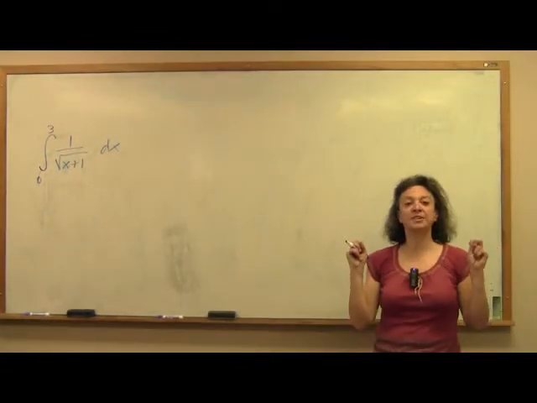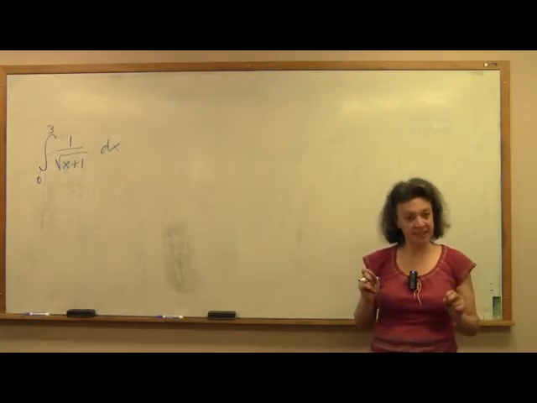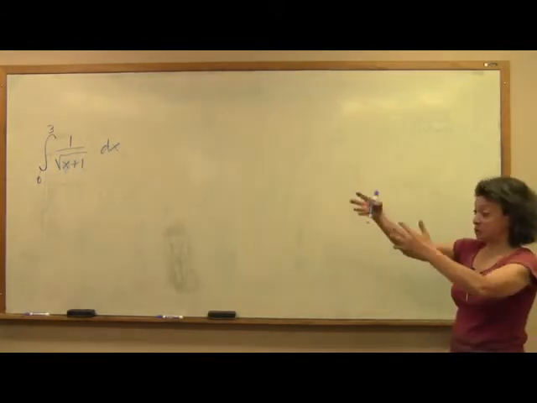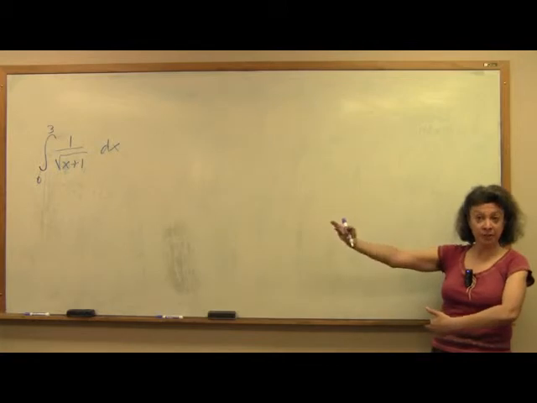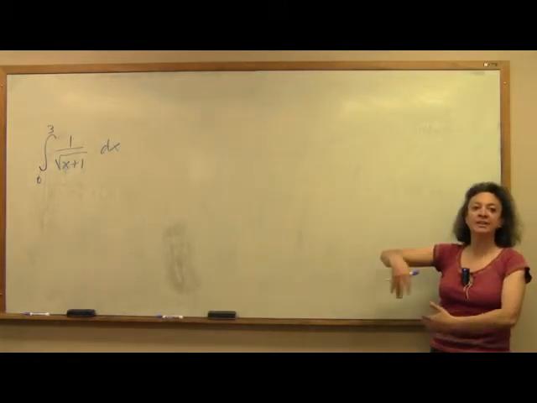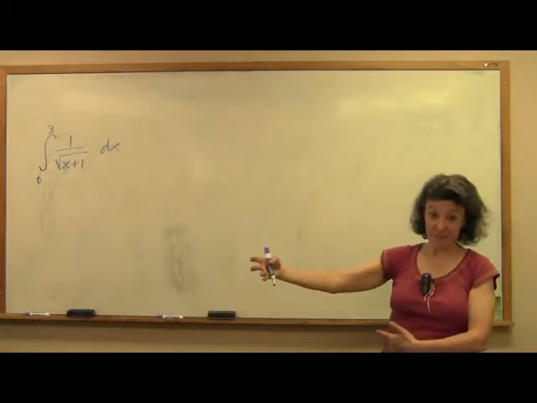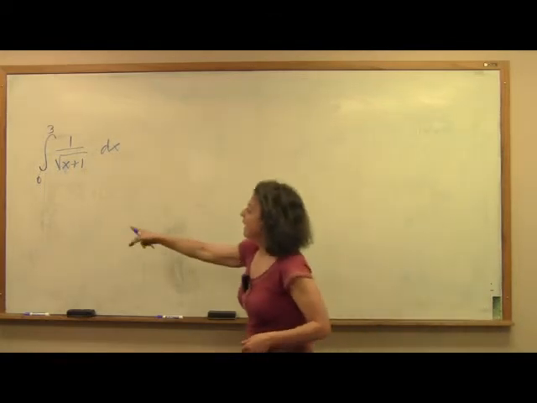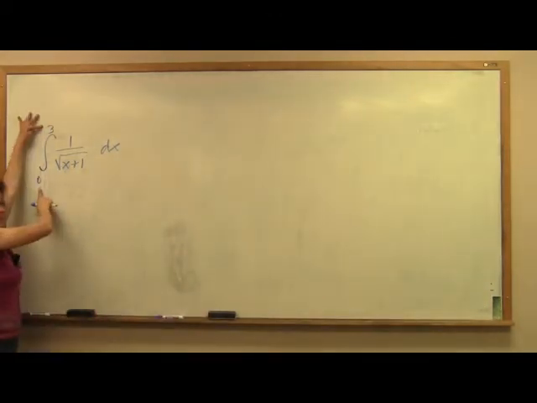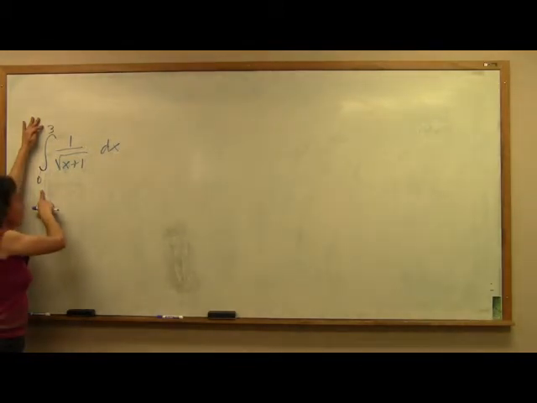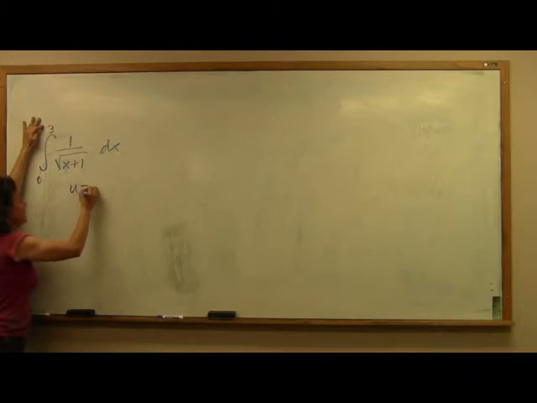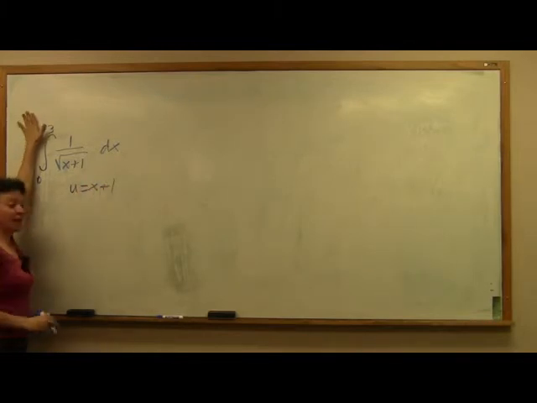What I'm going to tell you is you're going to do everything exactly the same. You're going to go through, do the substitution, take your antiderivative, rewrite it back in terms of your original variable, and then take care of evaluating. Okay? So in this case, I would substitute u to be equal to x plus 1.